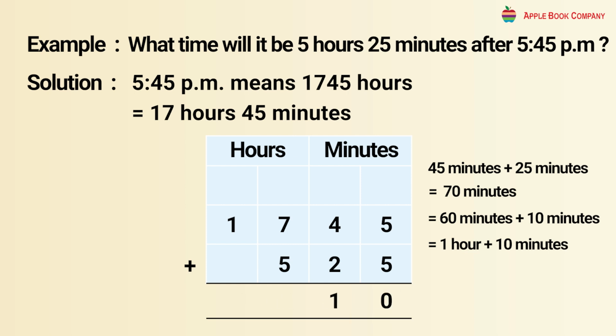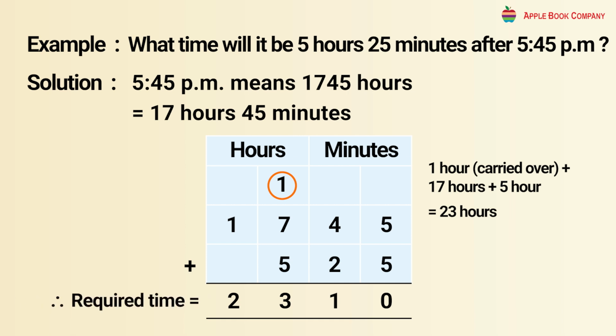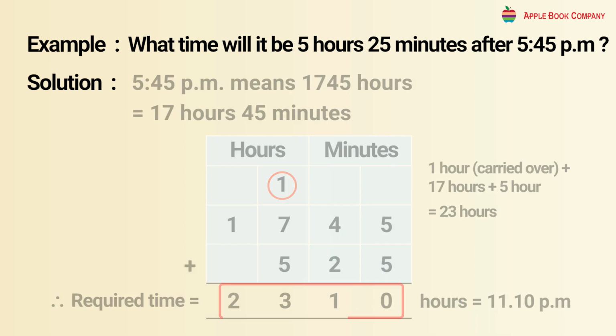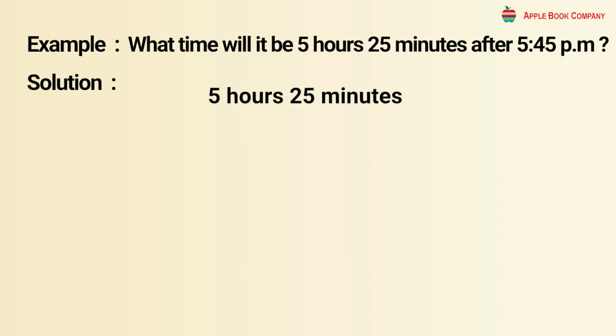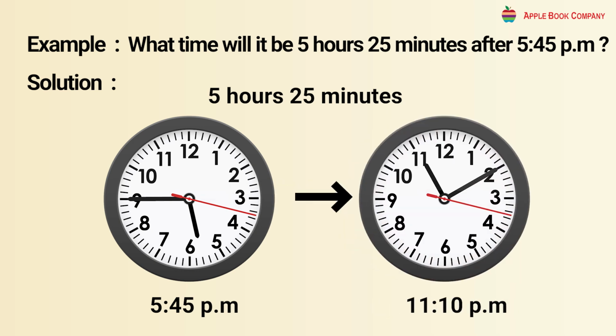Write 10 under minutes column. Carry over 1 to hours column. Adding hours. 1 hour carried over plus 17 hours plus 5 hours equals 23 hours. Write 23 under hours column. Therefore, required time equals 23 hours 10 minutes, equals 11:10 p.m. Hence, the time 5 hours 25 minutes after 5:45 p.m. is 11:10 p.m.